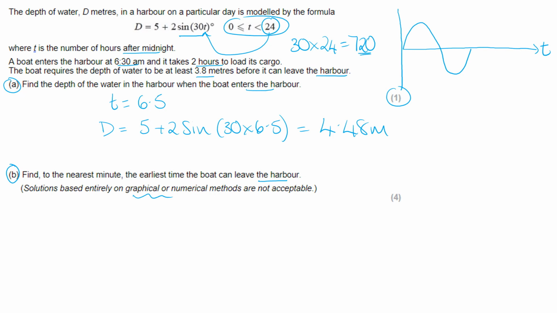And this is going to tie in with the idea that the depth of the water in the harbour, the tides, will come in and out twice in a 24-hour period. So there'll be 2 maximums and 2 minimums. So in the one period we only get to 360, but if you double 360, that's 720. So it means that we are going round the sine graph twice.